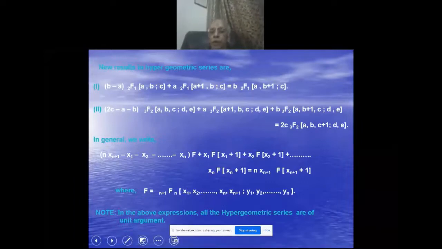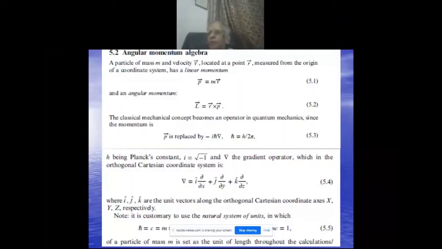There will be a multiple term recurrence relation. So these recurrence relations are the ones which I consider as new results in hypergeometric series in recent times. They were published hardly about a few years ago. For those of you who are interested, you can write to me. I will send you copies of the papers which I have written on this.